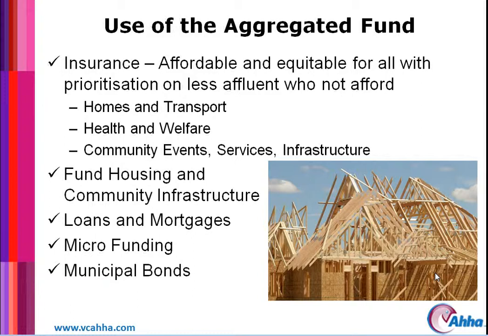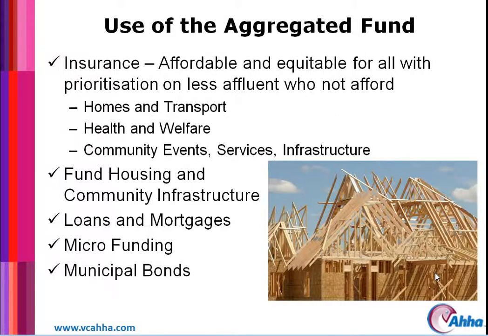One of the big ones in certain countries is access to health insurance, and how health insurance is beyond the reach of many people. The money in the aggregated fund can be used and is being used for health and welfare insurance purposes. And the reason that we can do this is as follows.